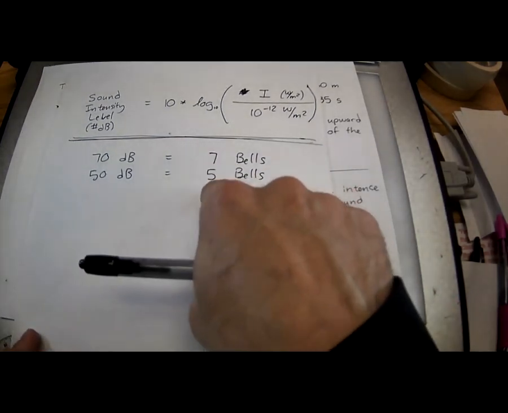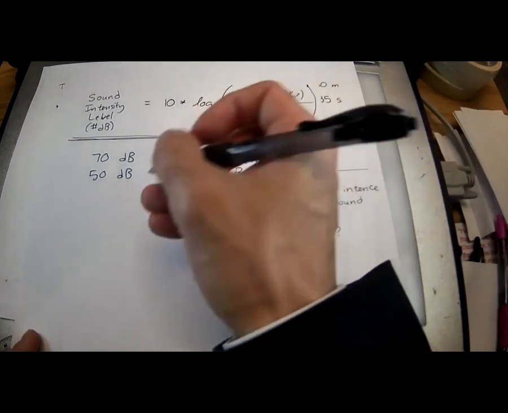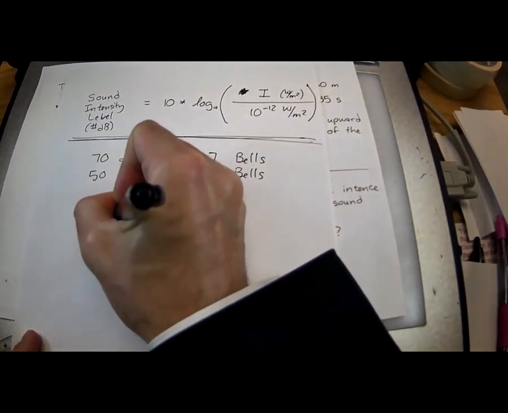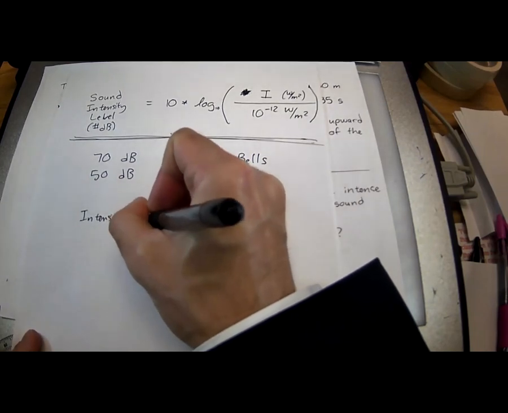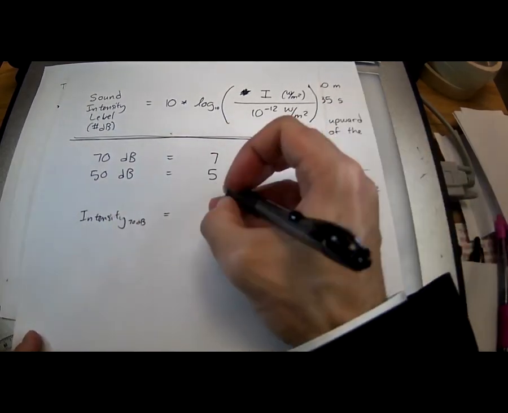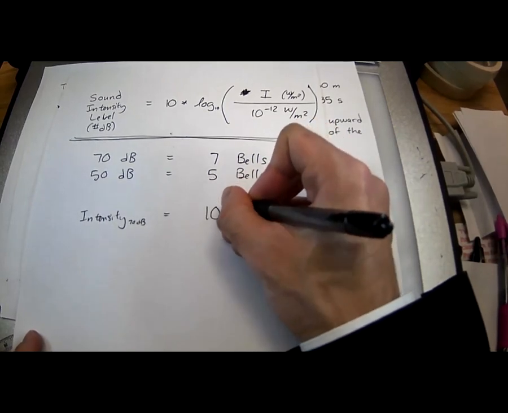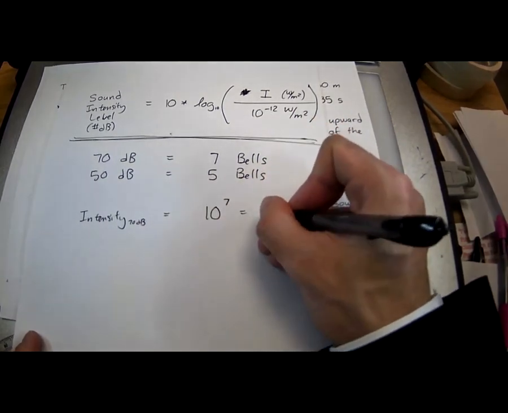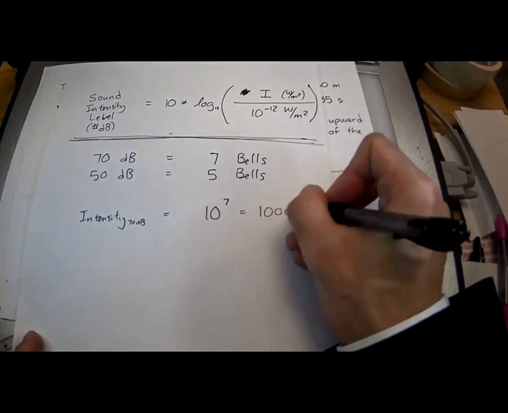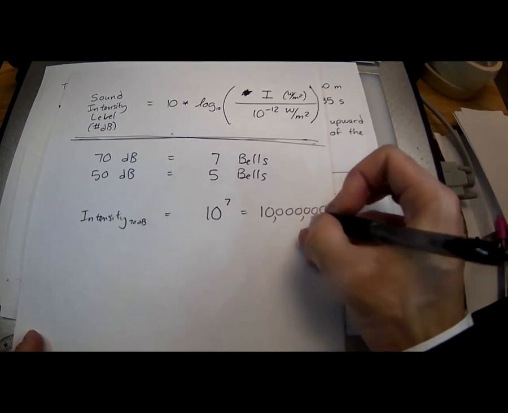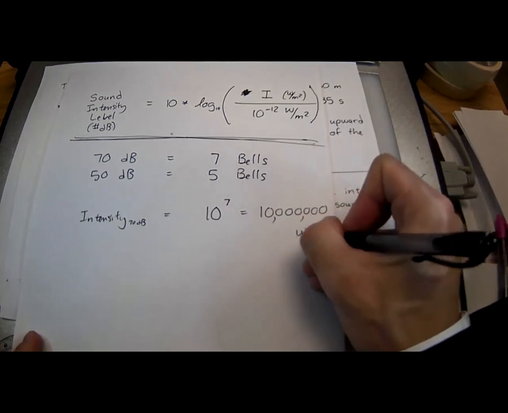The reason I'm doing that though is because the intensity of 70 dB is proportional to 10 to the power of the number of bells, 10 to the 7. It's not like 1, 2, 3, 4, 5, 6, 7. Isn't that 10 million watts per square meter?